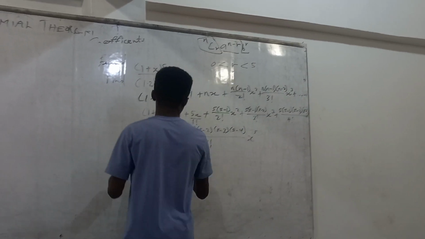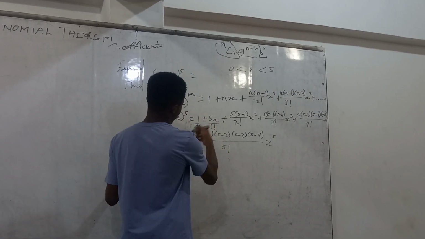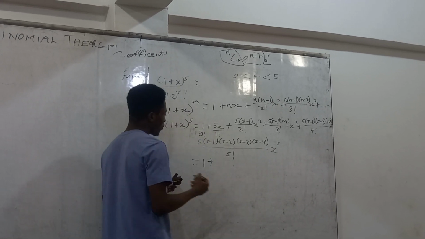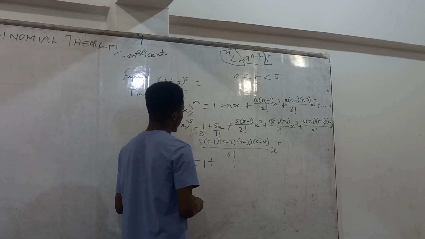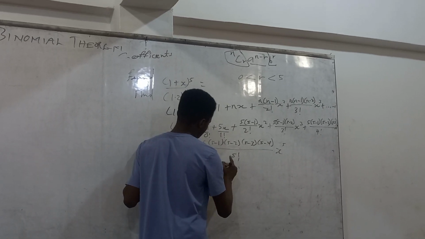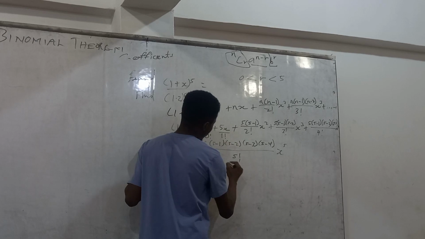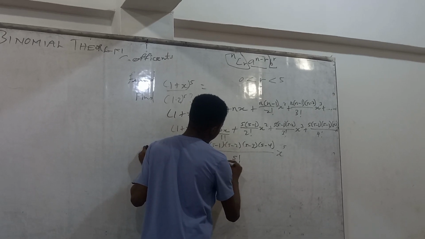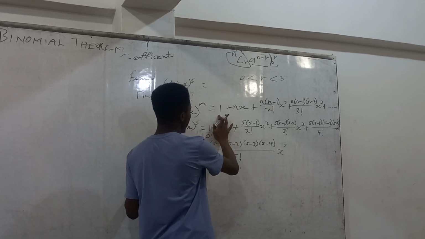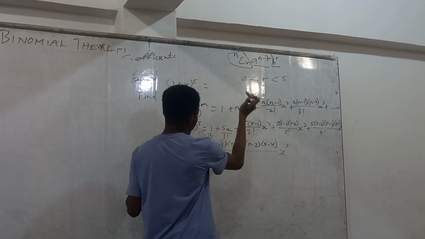And basically this will give you 1, because I said 0 factorial is equal to 1. We have the proof though, but it's not necessary. So 5x divided by 1 is still 5x. That's why it says 1 plus nx.